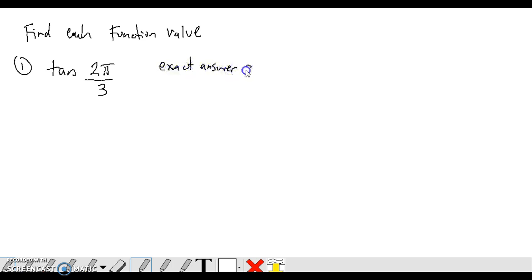And what that means is no decimals. Okay, so let's go for it. The first thing I'm going to do is convert my radians to degrees. My pi and the pi will cancel each other out.